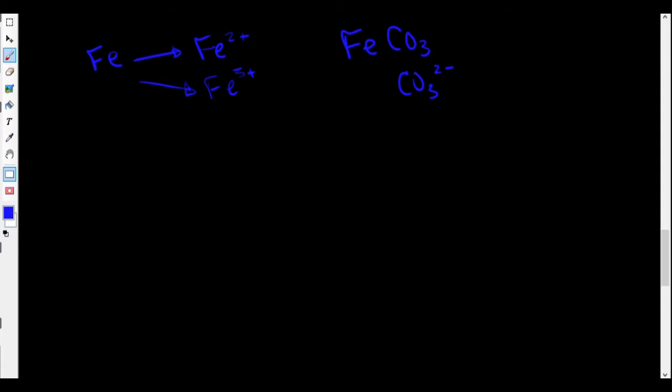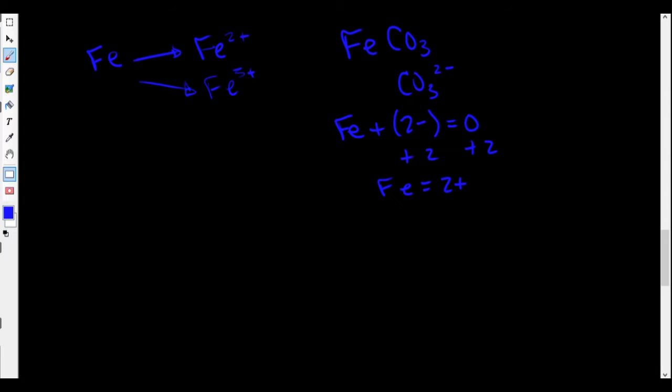Most people are pretty comfortable with simple algebra. So what you can do is say Fe plus -2 is going to equal 0, right? So add the 2, Fe is going to equal 2+, right?